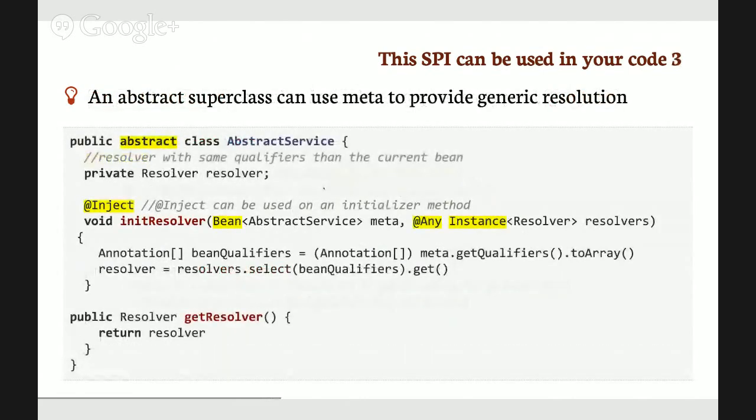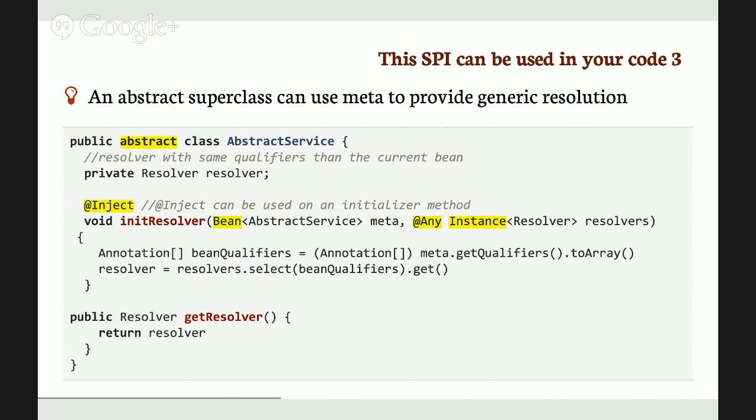More interesting, you can also use metadata regarding the bean. Here you have something that is not a bean because it is an abstract class, but this abstract class will be extended to create other beans. And what we want in this hierarchy of abstract service is to have a resolver bean that has the same qualifiers as the current bean.